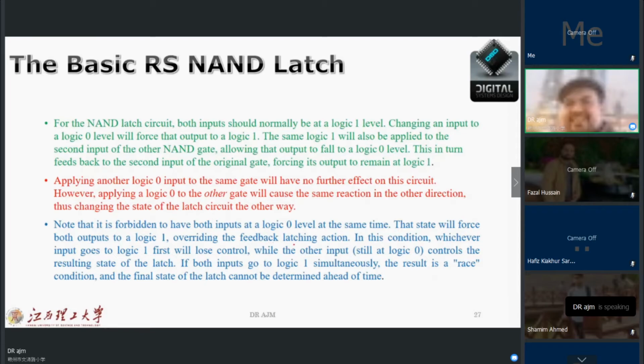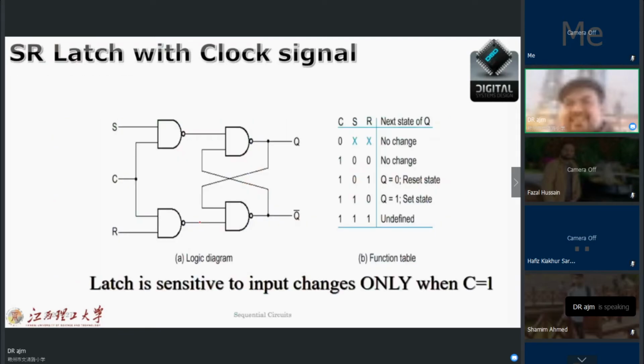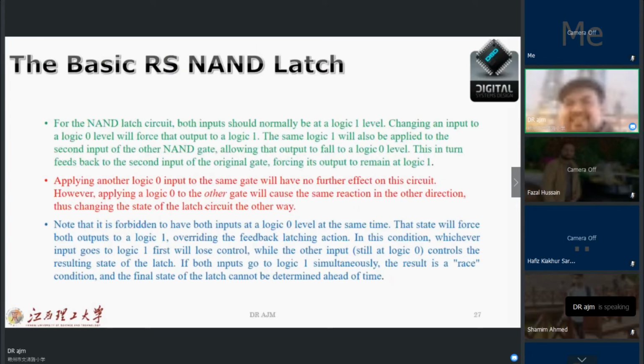In this condition, whichever input goes to logic 1 first will lose control, while the other input controls the resulting state of the latch. If both inputs go to logic 1 simultaneously, the result is a race and the final state cannot be determined. That is what we saw in the figure. But how should we remove it?